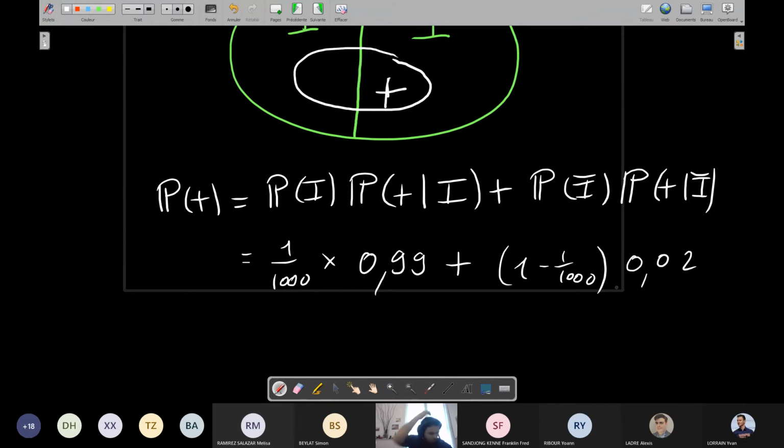Now what's this value? I have to compute it. So 1/1000 times 0.99. Yeah, you have a question? 0.02 is because we have 2% of false positive.